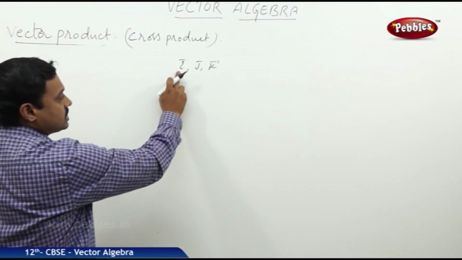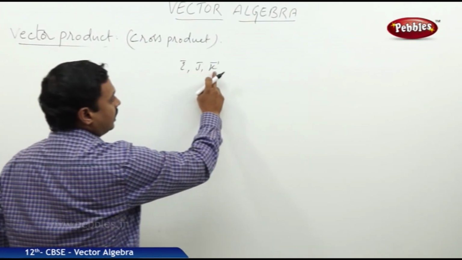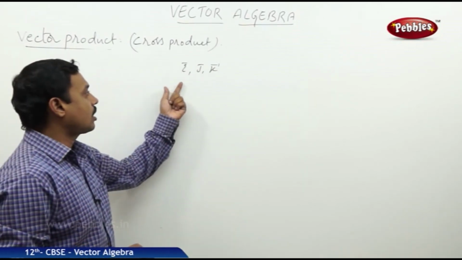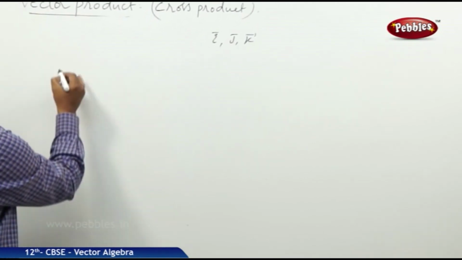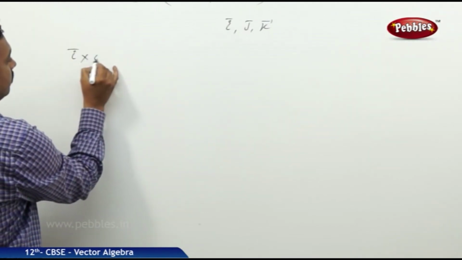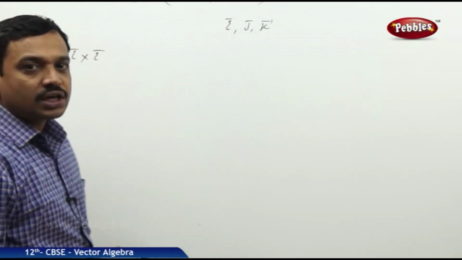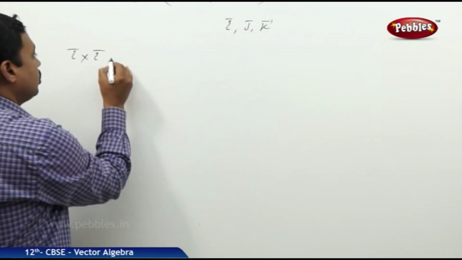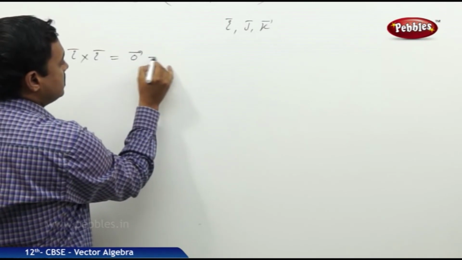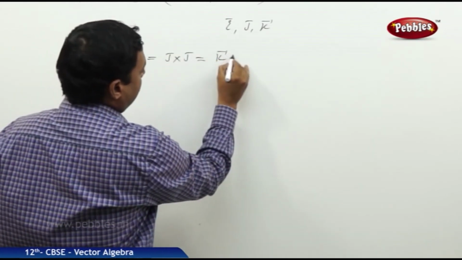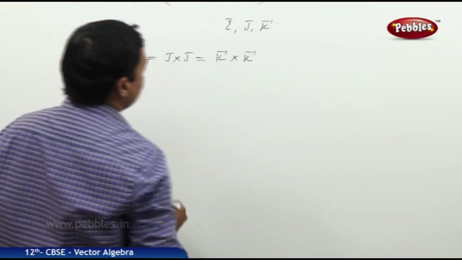And I dot I is equal to 1, j dot j equal to 1, k dot k equal to 1. Now, we are going to define the cross product between them. What is I cross I? We already know that the cross product of a vector with itself is always 0 bar. Hence, j cross j and k cross k are also equal to 0 bar.